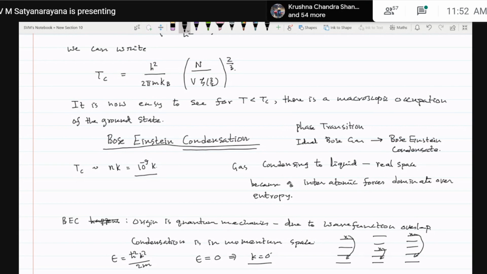Wherever particles are there, they will be there, but they will simply stop moving, or simply their momentum becomes zero. So this is what is called condensation in the momentum space. That is the difference between this Bose-Einstein condensation and other phase transitions that we are familiar with.